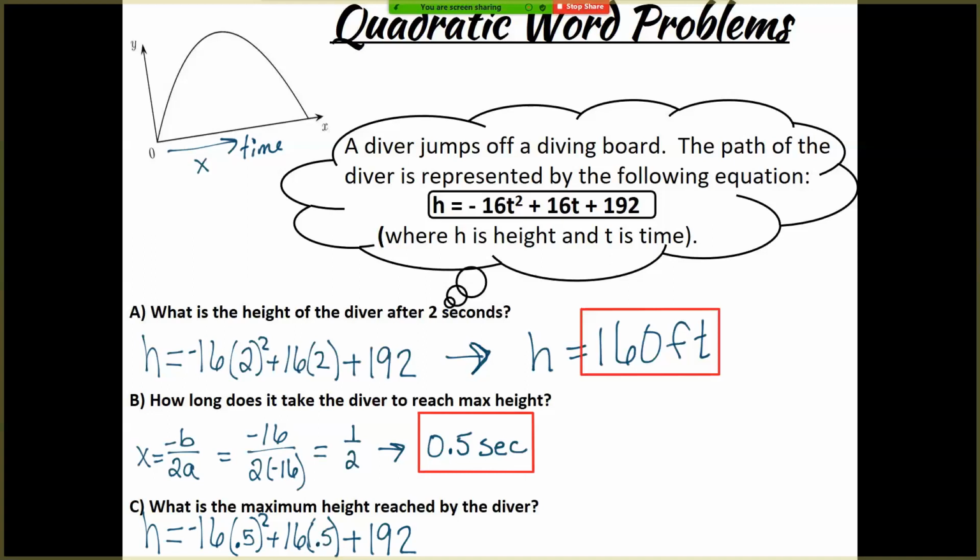So there's what I would type into my calculator. Again, I've just taken out the t's, plugged in 0.5, and that tells me that the max height is 196 feet.